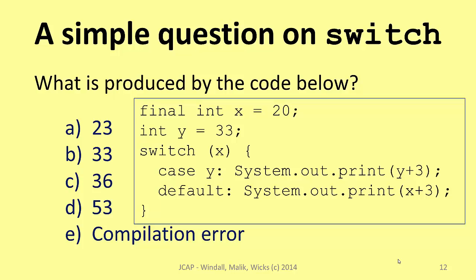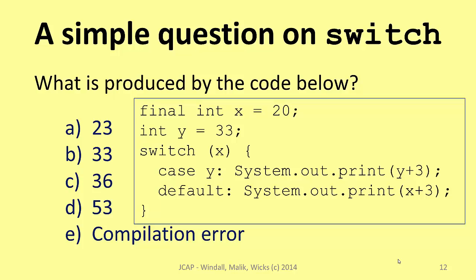We've got two variables, x and y. We're going to switch on the contents of x. But the case statements must take actual values. They can't take variables. So in this case, case y, the whole program will not compile.